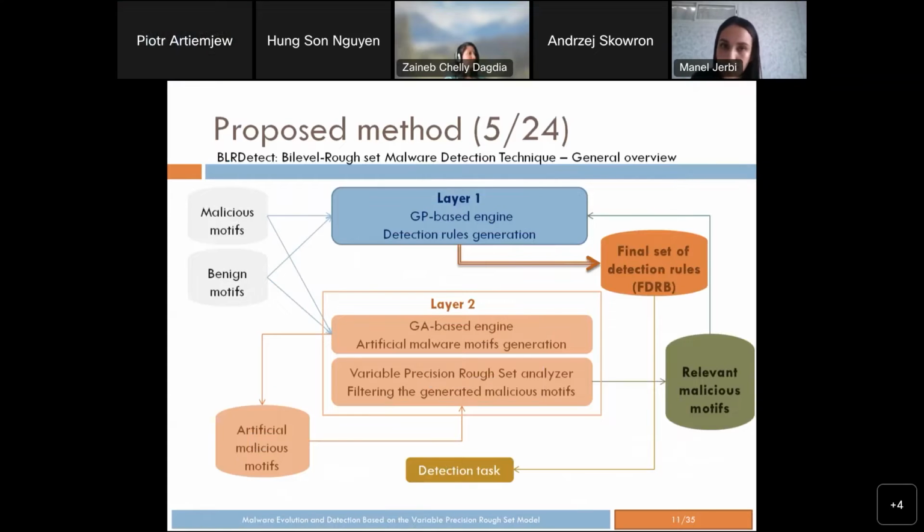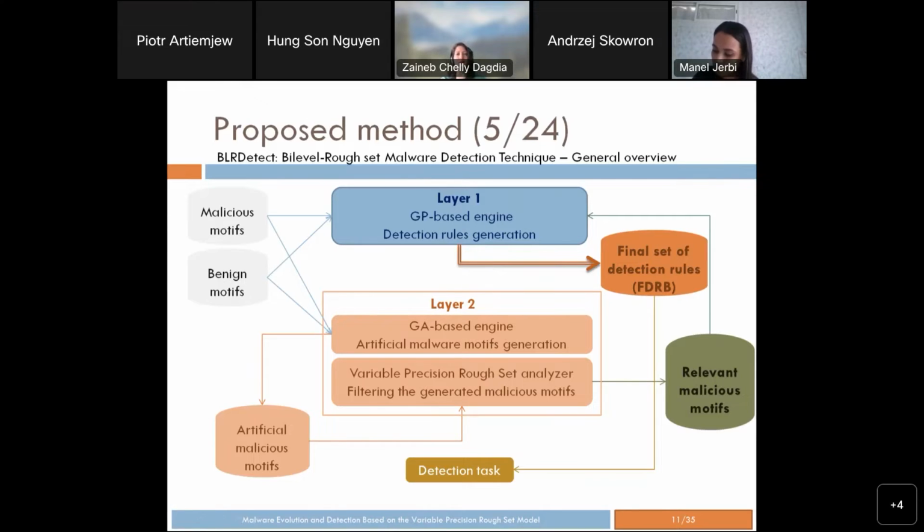So we can see the general overview of our detection method, which uses a hierarchical bi-level process that creates a competition between first two layers.